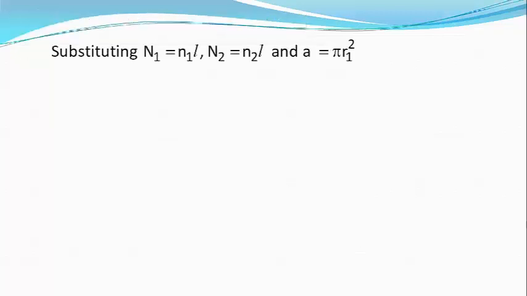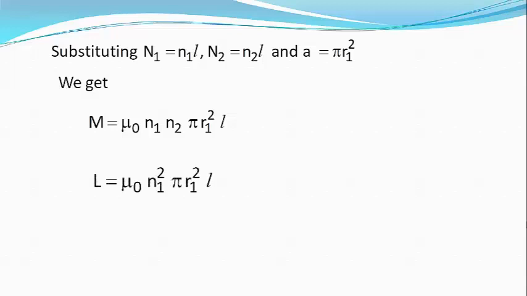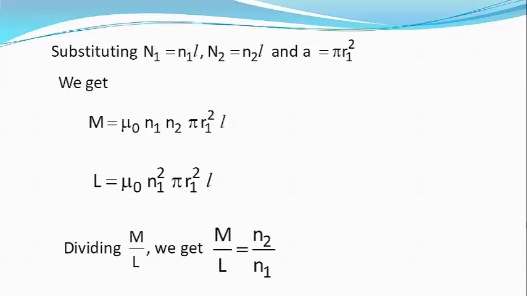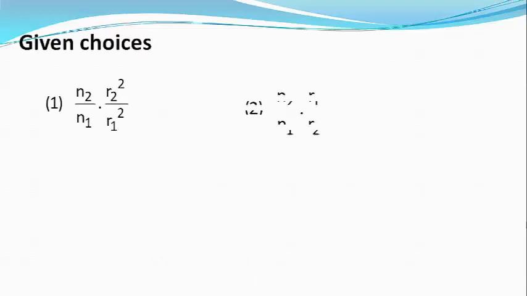Substituting N1 equals small n1 into L, capital N2 equals small n2 into L, and A equals pi r1 square, we get capital M equals mu naught into small n1 into small n2 into pi r1 square into L, and capital L equals mu naught into small n1 square into pi r1 square into L. Dividing M by L, we get M by L equals small n2 divided by small n1, and our answer matches with choice 4.